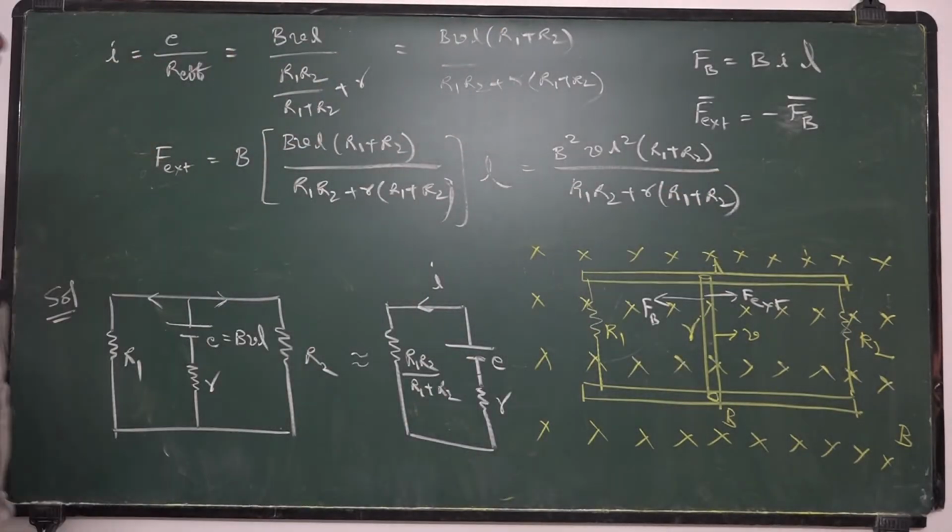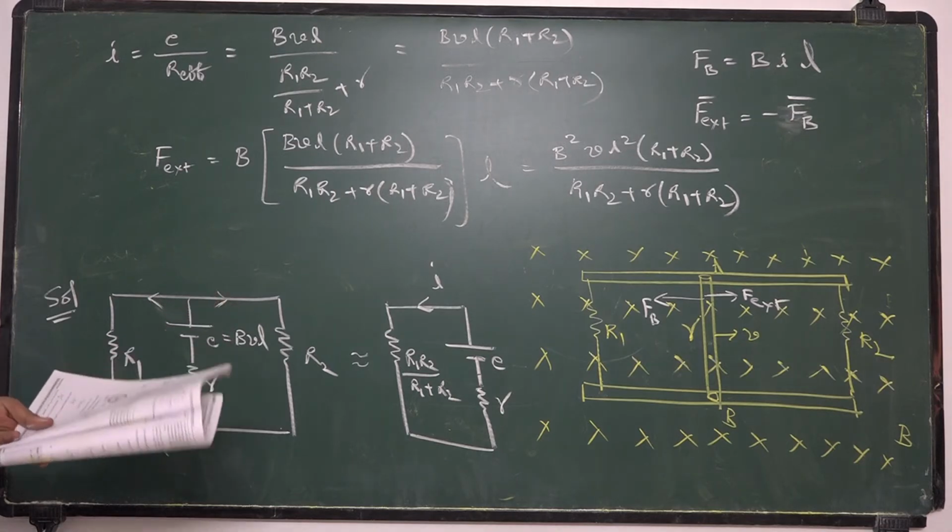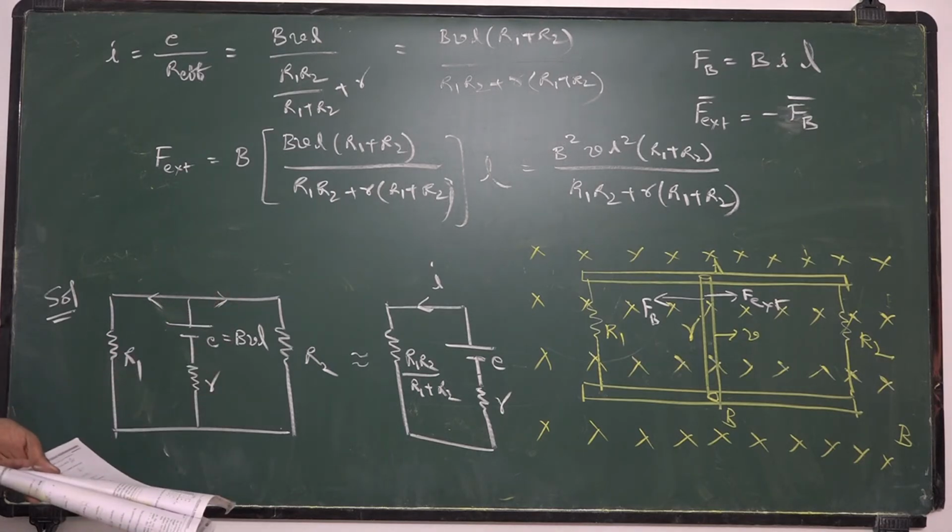This is the required force to keep the rod moving with constant velocity. So the solution is very simple; it looks complicated, but the problem is very, very simple.